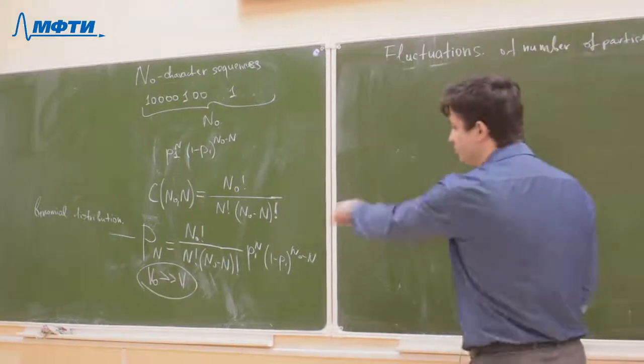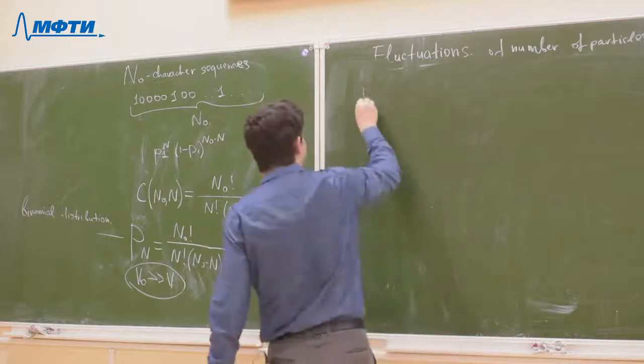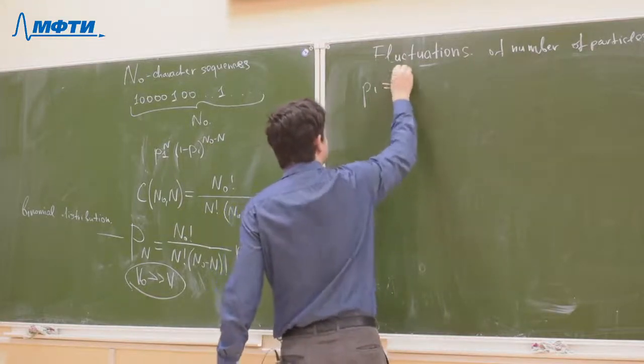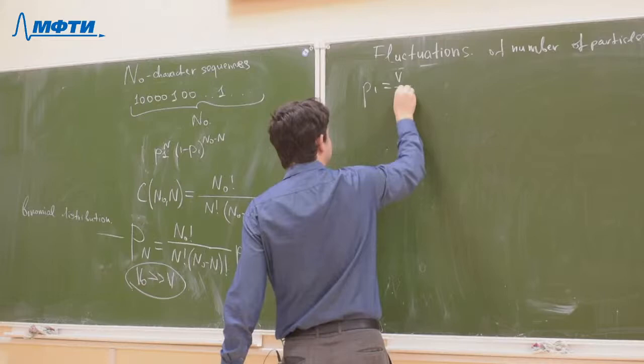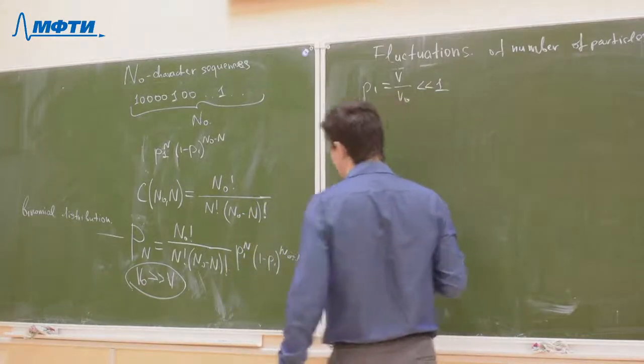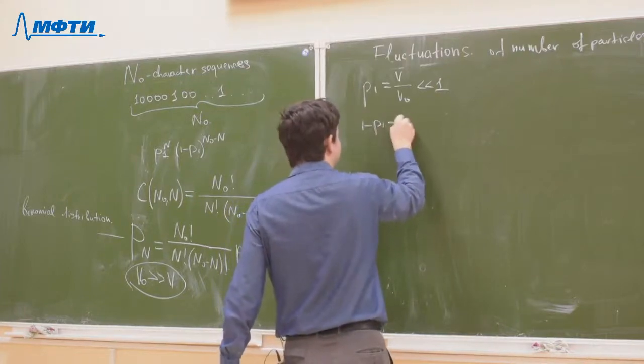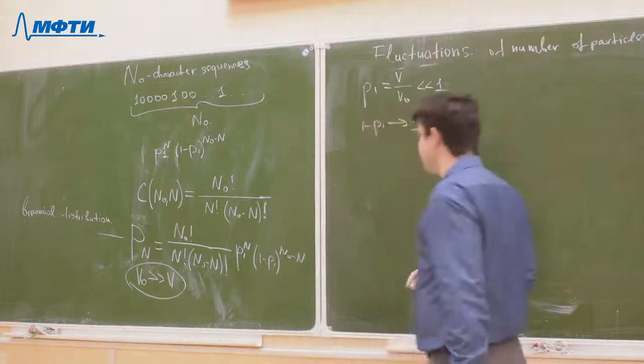So let's assume that V0 is much larger than V. That means, first of all, that P1, which is equal to the ratio of V to V0, is much lower than 1. Secondly, that means that 1 minus P1 approaches 1.